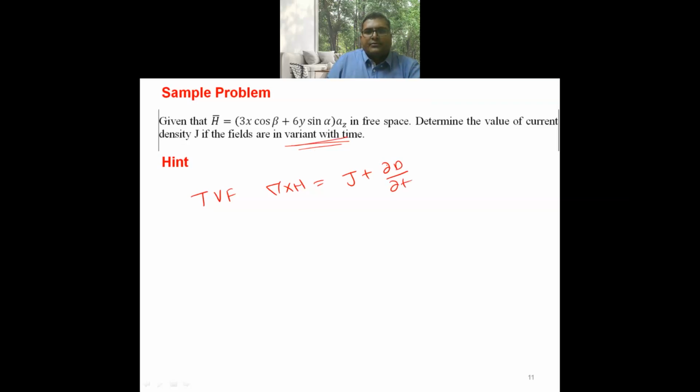It is time invariant, means dou by dou t, the variation of the term with respect to time is 0, and this can be termed as 0. It will become del cross H is equal to 0. Simply by calculating the curl of magnetic field intensity, you can determine the value of conduction current density J. Units are ampere per meter square.